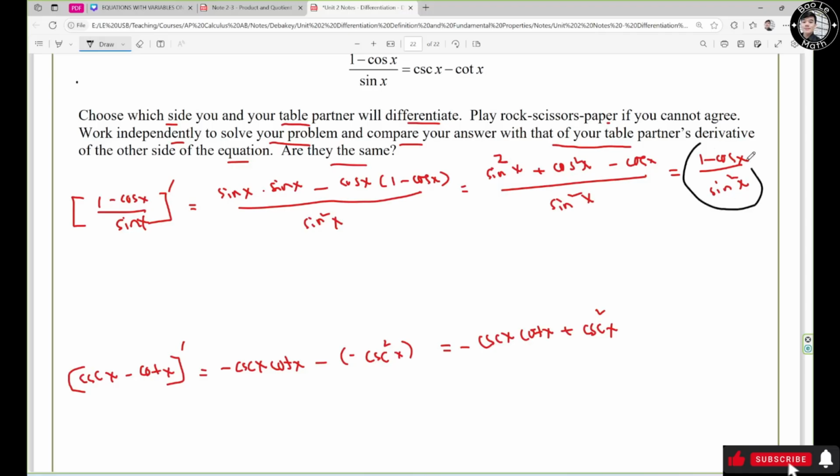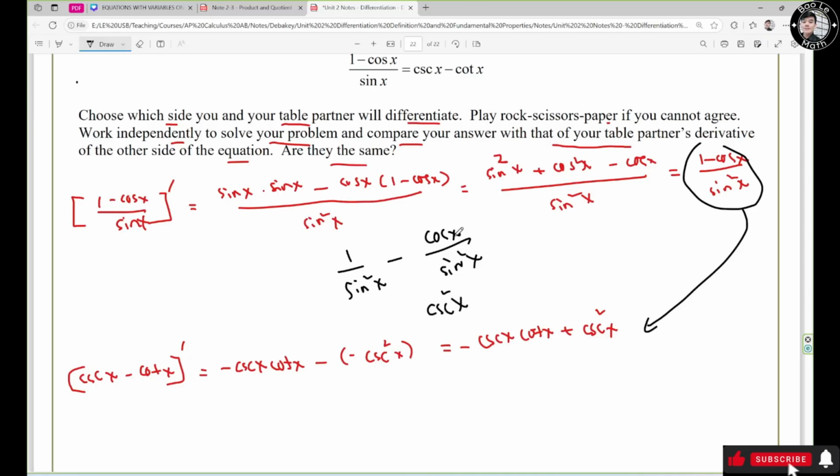Now I need to prove this guy equal this guy. So how do I do it? I'm going to use trig identity. Now I'm going to split this function. So it can be 1 over sine square of s minus cosine s over sine square of s. Now 1 over sine square of s is going to be cosecant square of s.